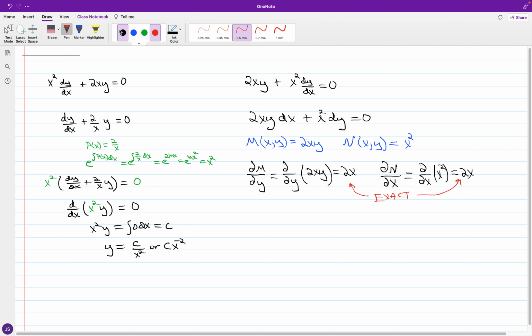Now, just for the follow through, for the function f of x and y, again we're looking at the integral of m of x and y dx, followed by g of y.